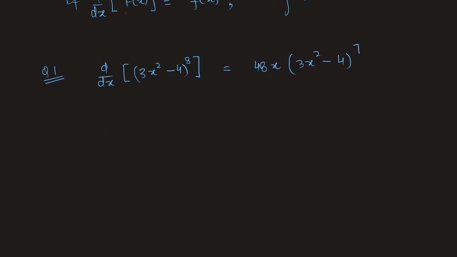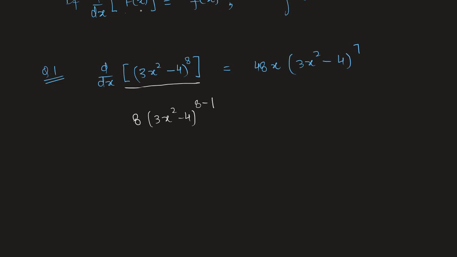Okay, now we know how to use the chain rule over here. Whenever we are applying the chain rule, the first idea is always to solve the outer bracket first. So if we start now, we'll apply the power rule. So this would be 8 (3x square minus 4) to the power 8 minus 1.